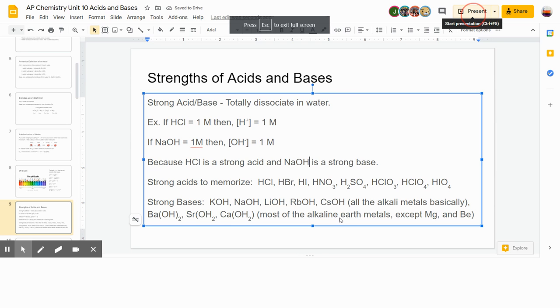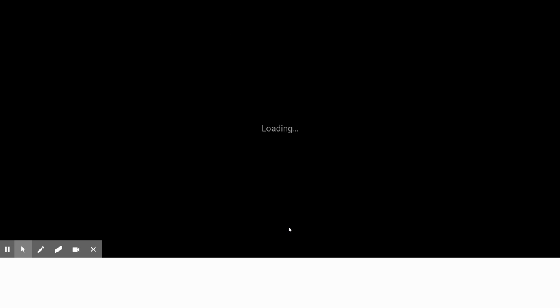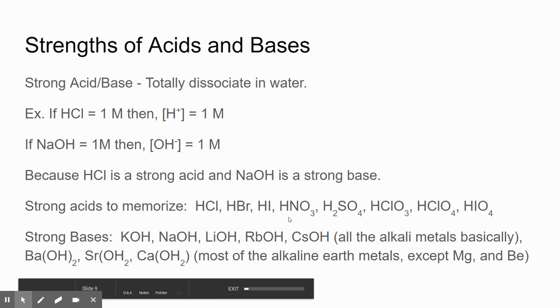Okay, it's important that you do memorize these strong acids and strong bases, because everything else is a weak acid or weak base, right?